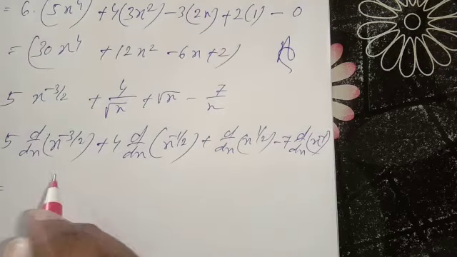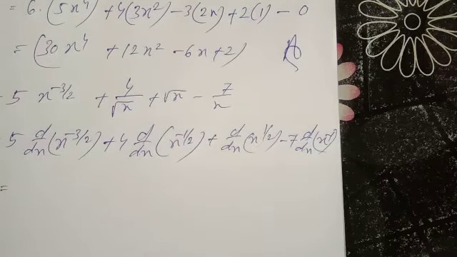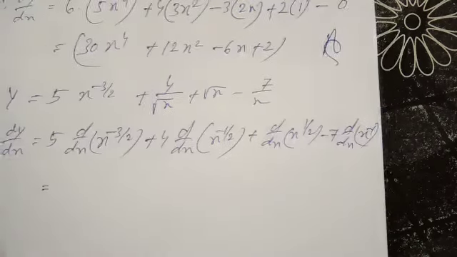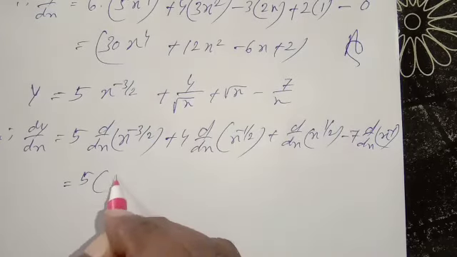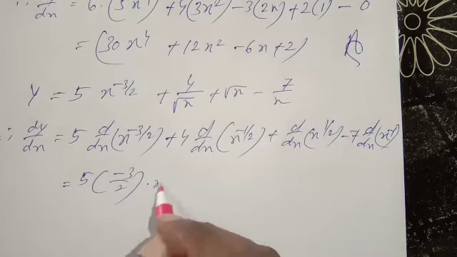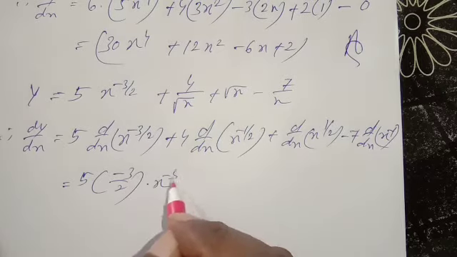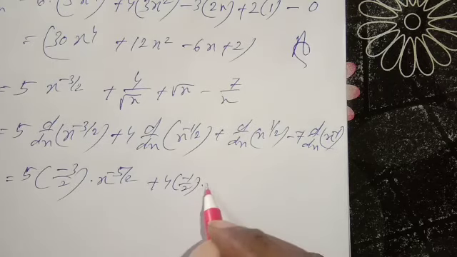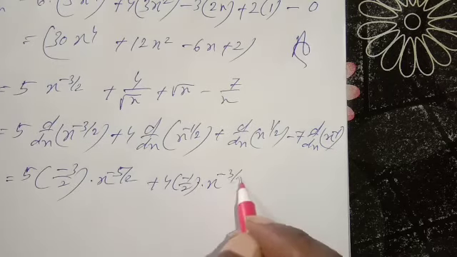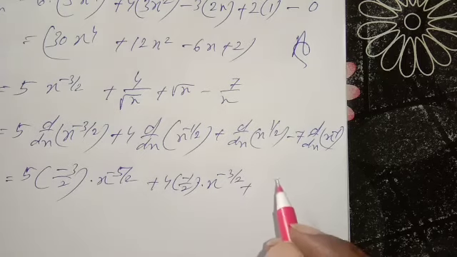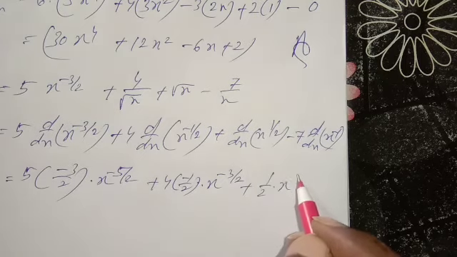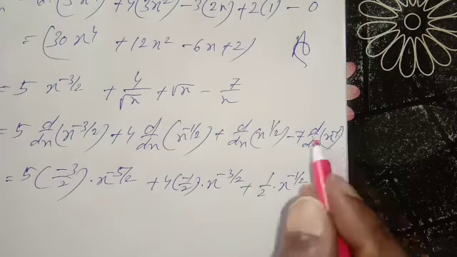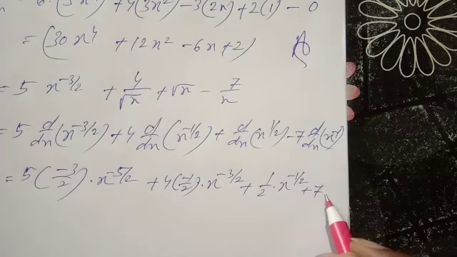Now how much are you getting? 5 into the power will come first, minus 3 by 2, then x to the power minus 3 by 2 minus 1, minus 5 by 2. Then plus 4 into minus 1 by 2, x to the power minus 1 by 2 minus 1, minus 3 by 2. Root over x is x to the half, so half will come outside, x to the power 1 by 2 minus 1, minus 1 by 2. Then minus 7 into the minus power will come, plus 7, x to the power minus 2.